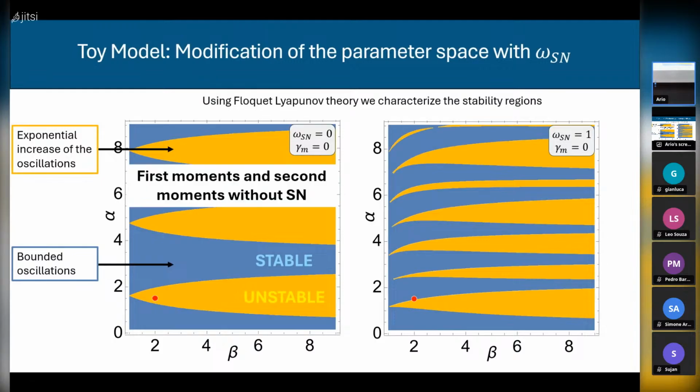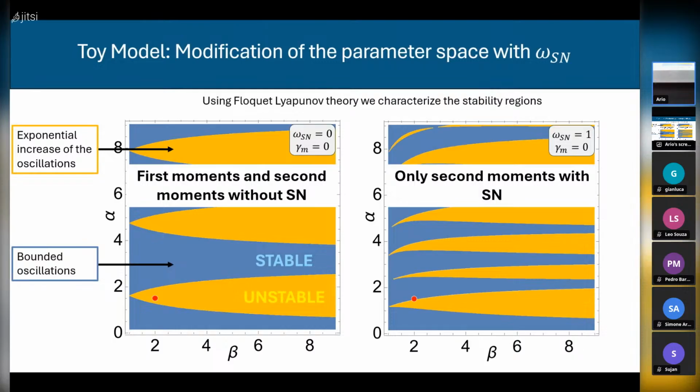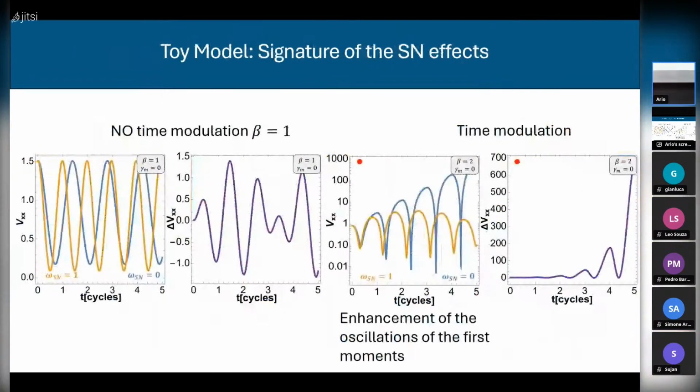And I just want to remind you that this stability and instability region is valid for the first moment, because they do not depend on the Schrödinger-Newton potential, and for the second moment without the gravitational potential, while this is only for the second moment, the variances, with the Newtonian potential. So this is still a toy model, just parameters to show that this makes sense.